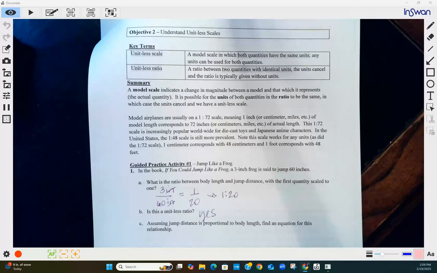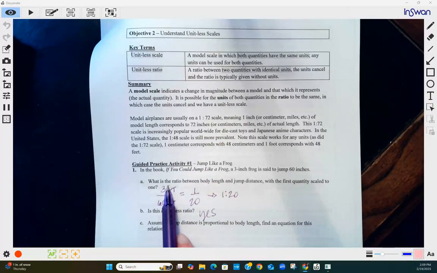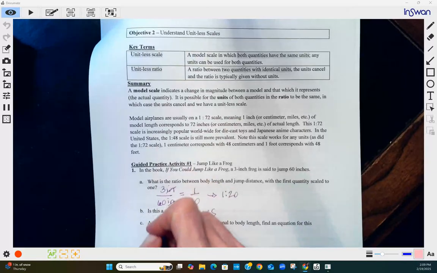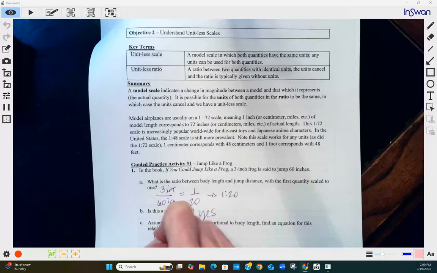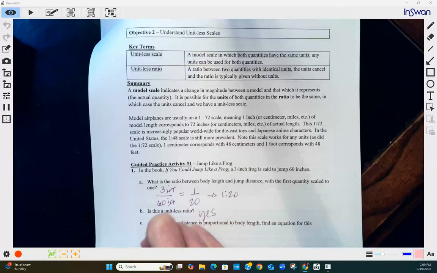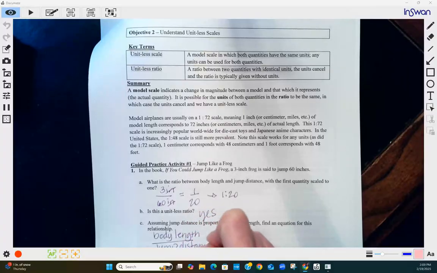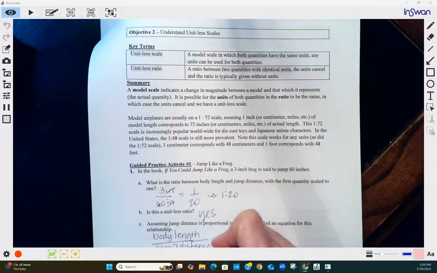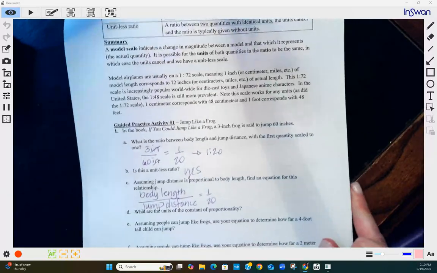Assuming the jump distance is proportional to body length, find an equation. So we did body length over jump distance. So I'm going to do body length over jump distance. Right, and that is equal to 1/20 because that's what we found in part A. So I'm just going to switch that over to some variables.